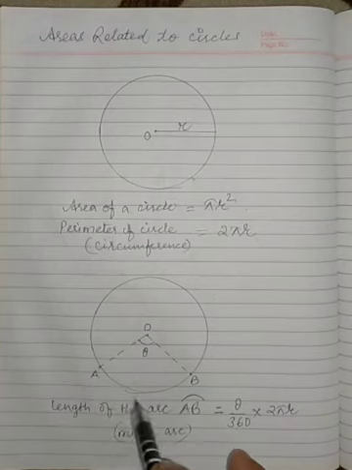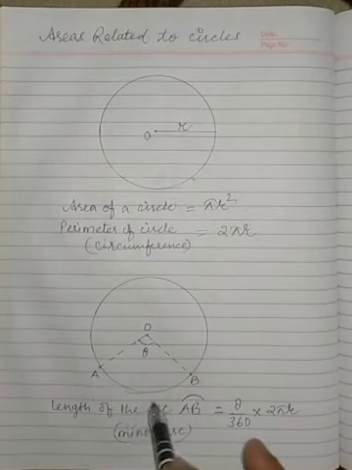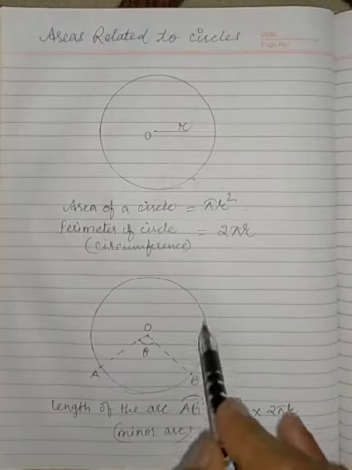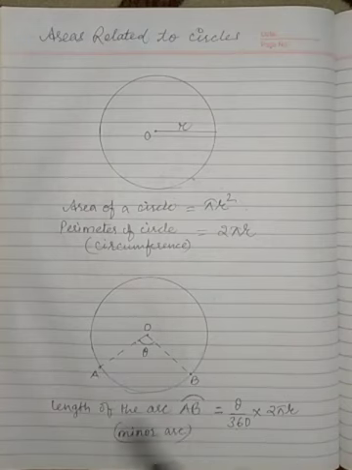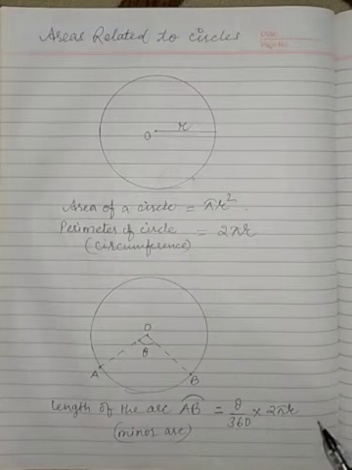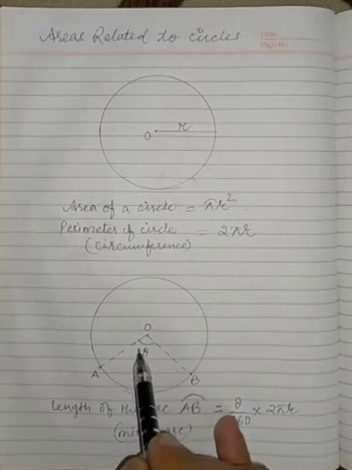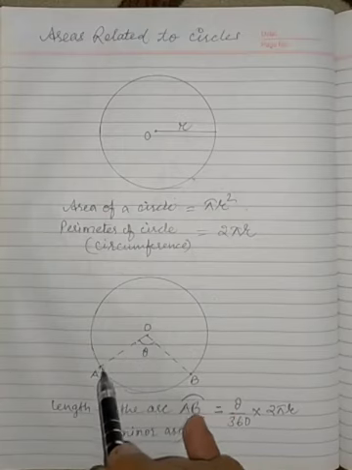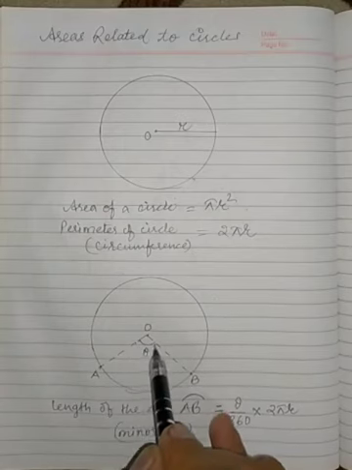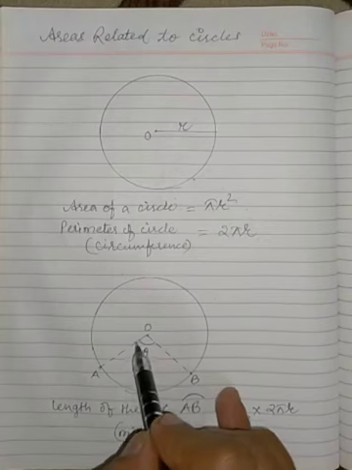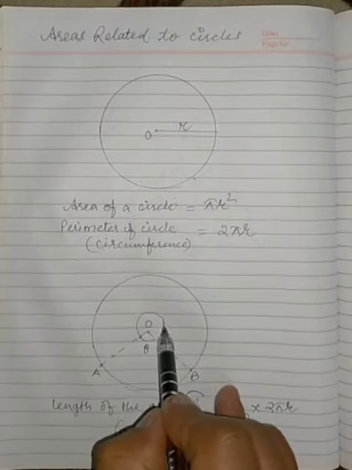Either from the complete circumference of the circle we subtract this much part, so we get the length of this part, or we can convert the formula. So for the length of the major arc, that means if the minor arc is covering this much angle, then for the major arc the angle will be this much.